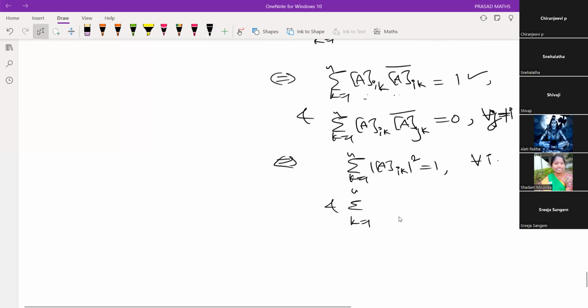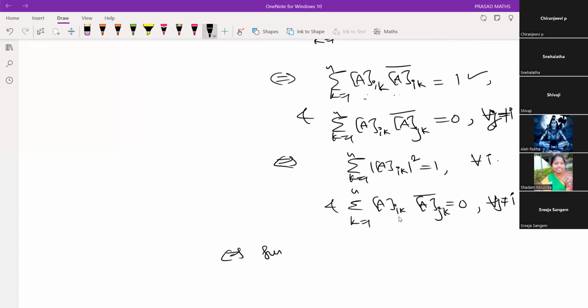Summation k equals 1 to n of the ikth entry times the conjugate of the jkth entry is 0 for every j not equal to i. That means what do you conclude? The sum of squares of moduluses.